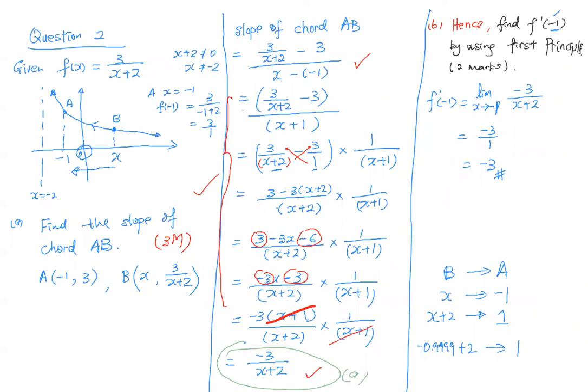A or B? Which one is average rate of change? A in green or B in green? A. This is the average rate of change from x equal to -1 to x equal to x.